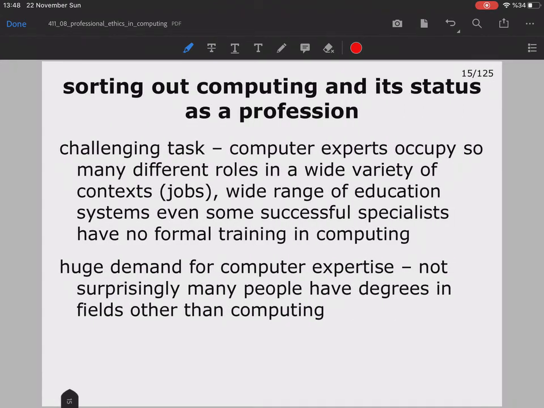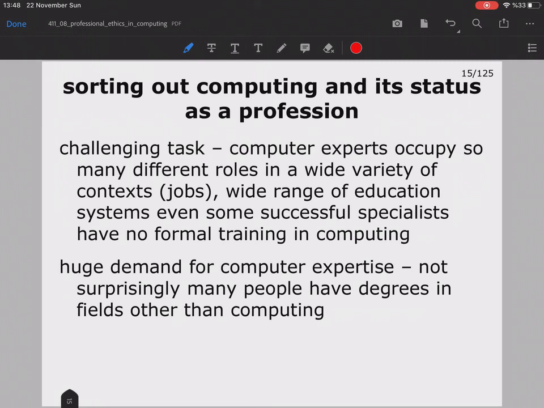We should also agree that there is a huge demand for computer expertise, and sometimes our manpower may not be enough for this. So it is not surprising that many people who have degrees in fields other than computing are transferring themselves into the computing profession as well. We cannot say that it is some shocking scenario for us when we sit at a computer desk in a company, for example, when we start our jobs.